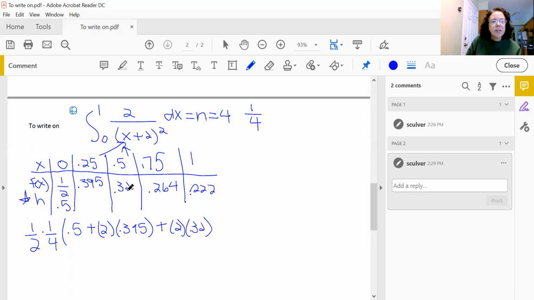That base is used in the 1st, 2nd, 3rd, and 4th. There we go. Plus 2 times 0.264. I wrote it but said it wrong. And plus the last base, which we just used once in the last trapezoid. And when you do that math, you get 0.335.